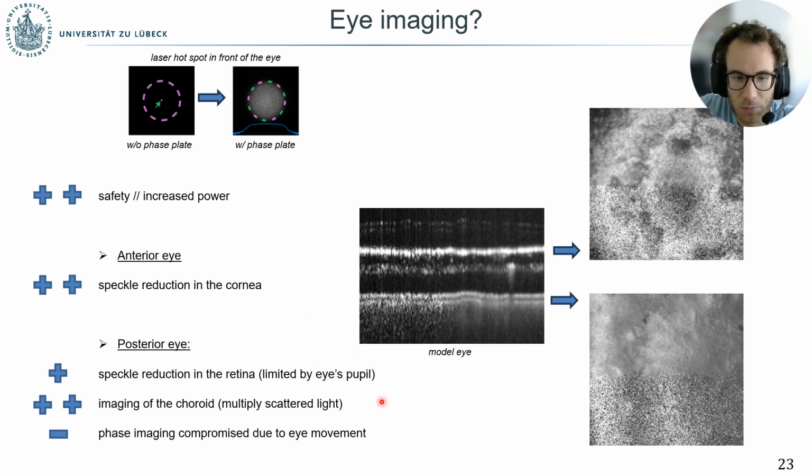And because there's a lot of multiply scattered light, it would also be very nice to reduce the speckle there. The disadvantage that we see at this point is that for phase imaging, to follow the phase changes over time, it makes it more tricky. If the eye is moving with respect to the illumination pattern, then over time each pixel is illuminated with a different phase.